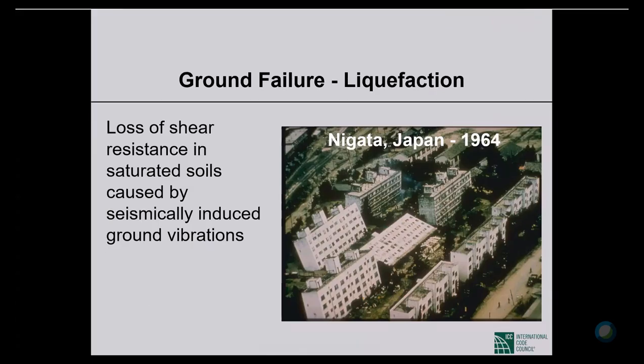Liquefaction. Loss of shear resistance in saturated soil caused by seismically induced ground vibrations. So this is a famous picture from Niigata, Japan, 1964. The whole building has toppled over because the piles have pulled out. I saw so many instances of this in the Bhuj earthquake. I think it was 2000 or so in Gujarat, India.